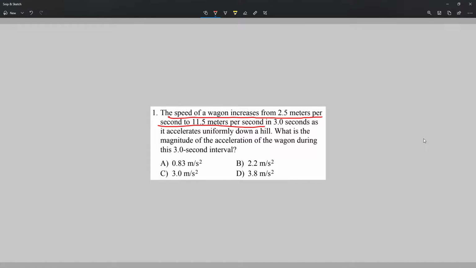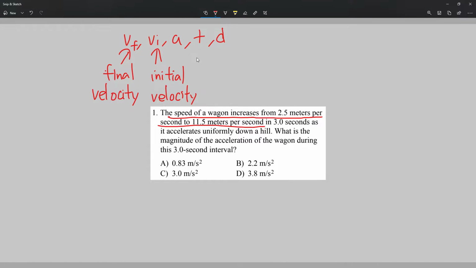We need to figure out what our information is. We're going to use 5 variables: VF, VI, A, T, and D. Hopefully you watched the video preceding this, the 1.4 class video, where VF means final velocity, VI is initial velocity, A means acceleration, T means time, and D means displacement or distance.